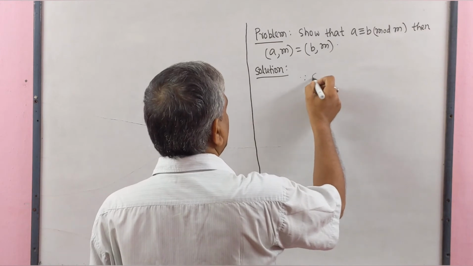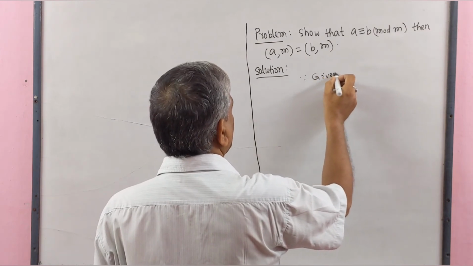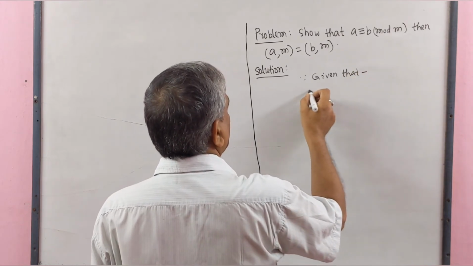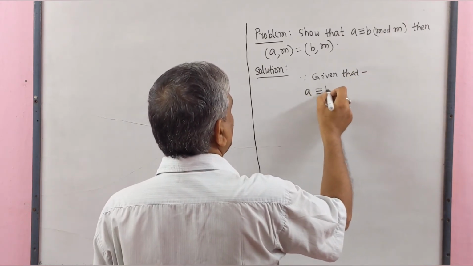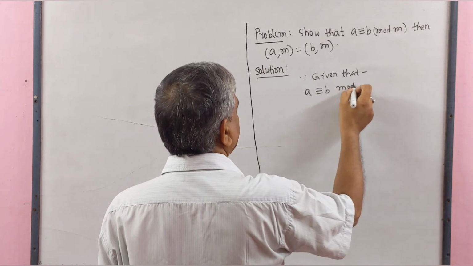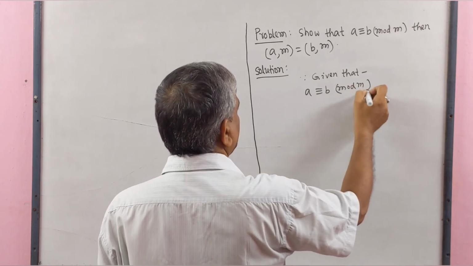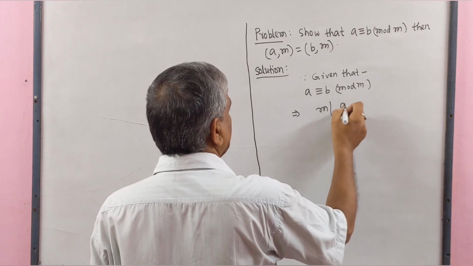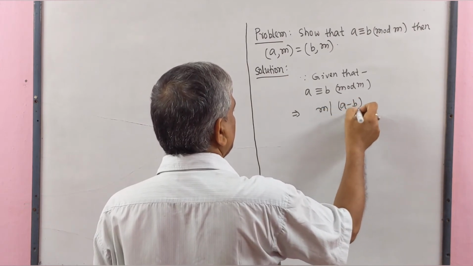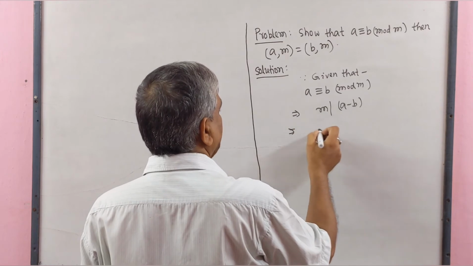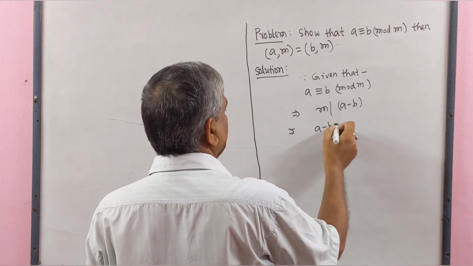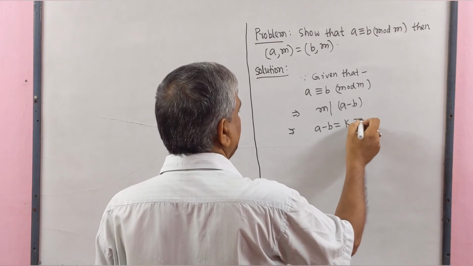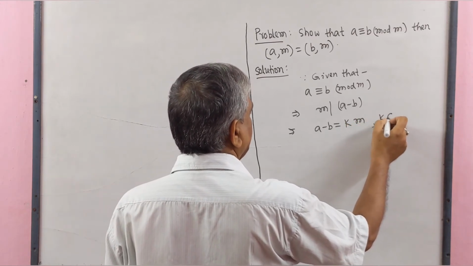Since given that a is congruent to b modulo m, implies that m divides a minus b, implies that a minus b equals some integer k multiplied by m, where k is an integer.